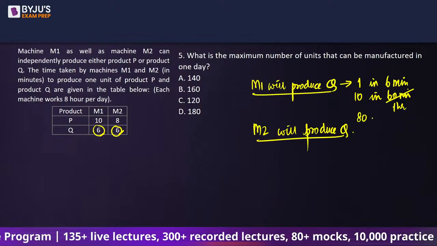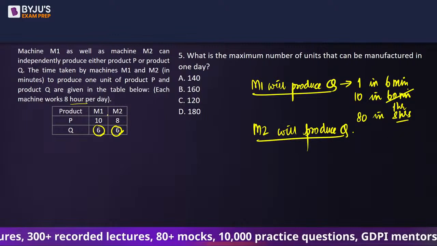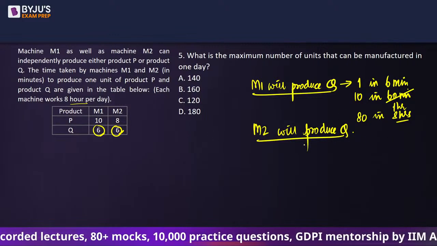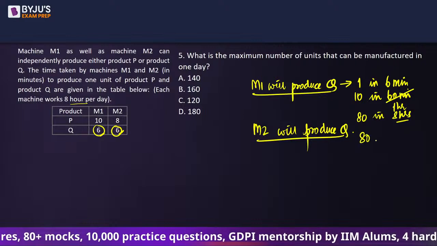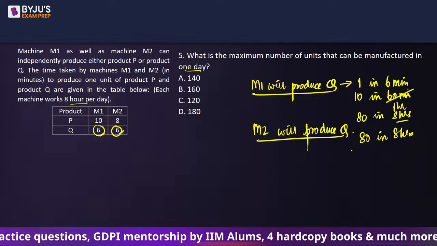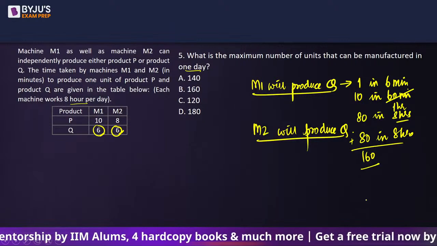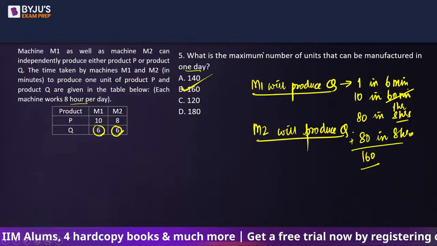So it will produce 80 in 8 hours because 8 hours is what they work every day. So M2 के लिए things doesn't change. It also produces 80 in 8 hours. So in one day, they will together produce a total of 160 maximum units. We can't go beyond that. So the answer is supposed to be B.